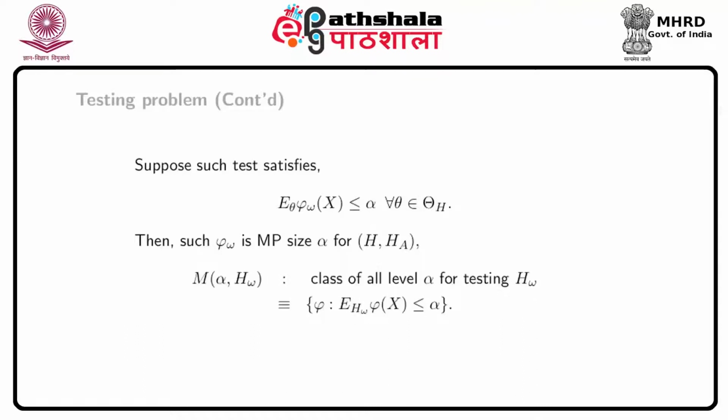Now M(α, H_w) is the class of all level α tests for testing H_w, and that is the class of those φ for which the expectation under H_w of φ(x) is less than or equal to α.